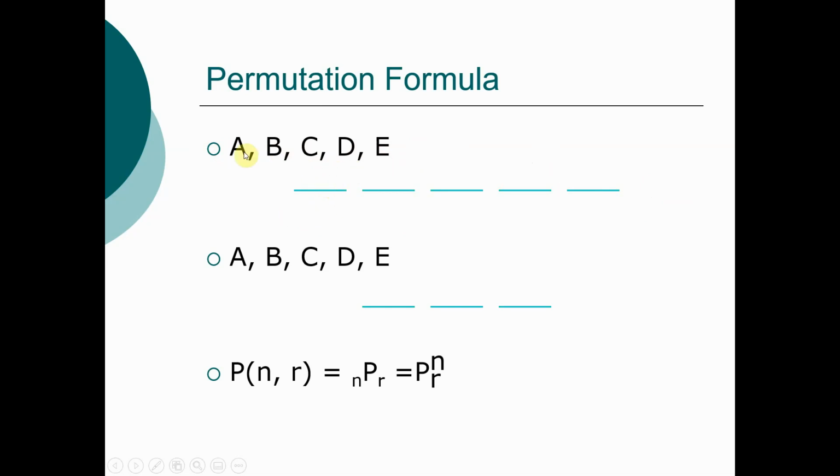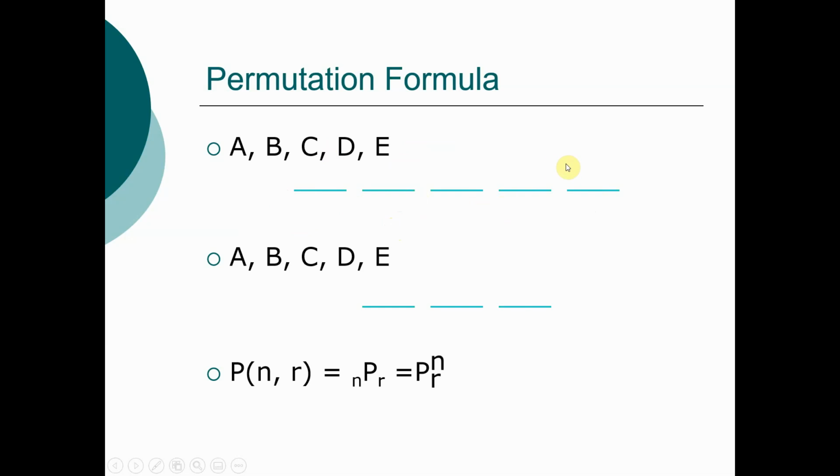If we choose one of these and put it here, how many options do we have for the second place? We have 4, or 5 minus 1. How many options do we have for the third one? We have 3. And how many options for the fourth place? 2.